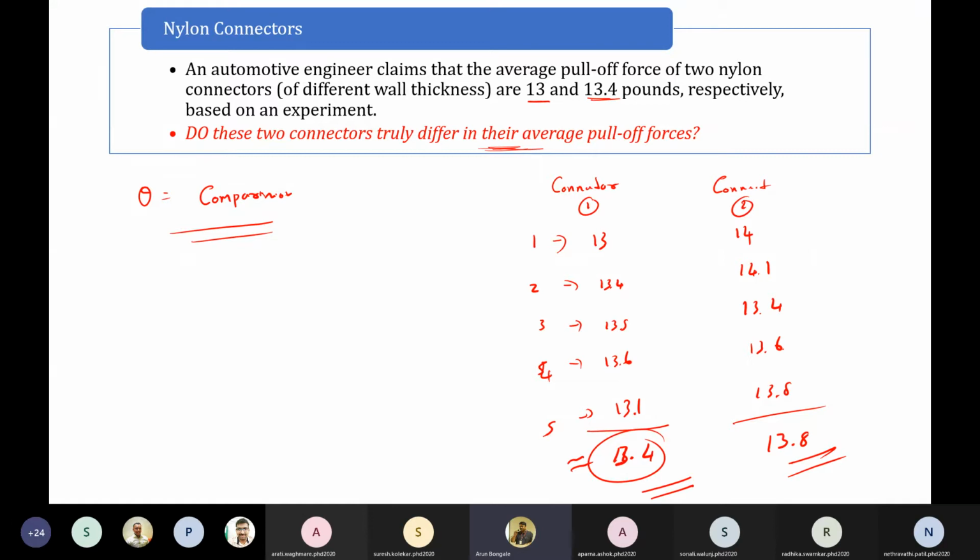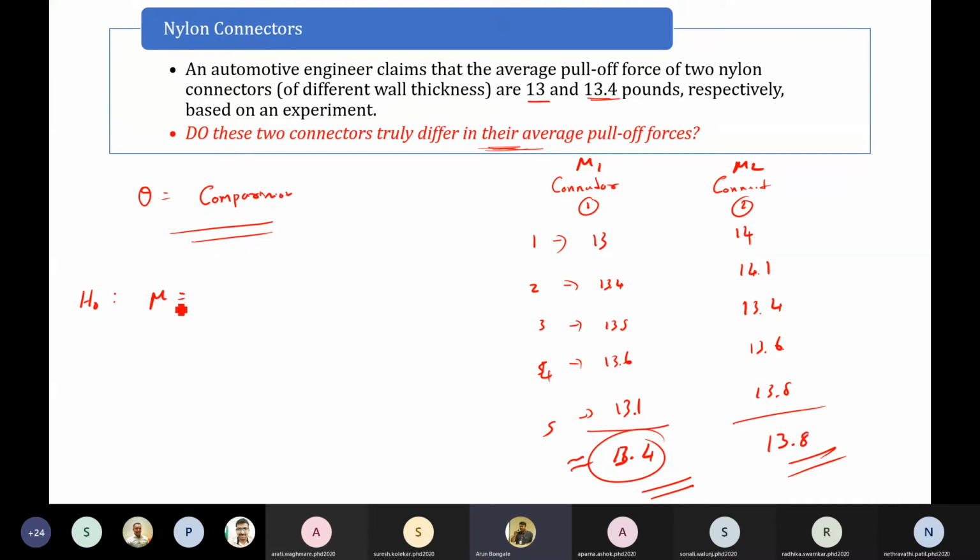I have to verify this particular statement. So based on that, the null hypothesis, I'll say, is mu1 and mu2, right? Average pull-up force of connector 1 is mu1 and average pull-up force of connector 2 is mu2.